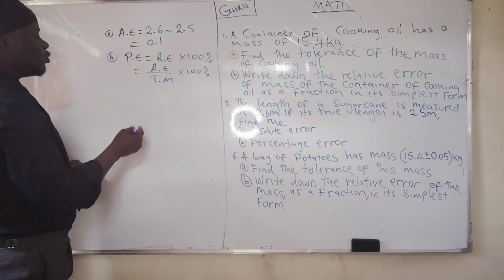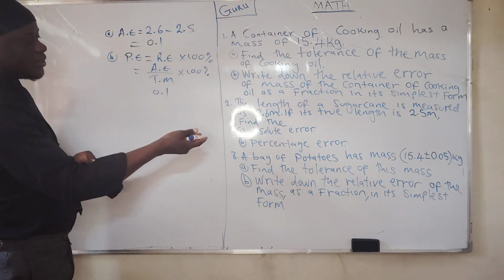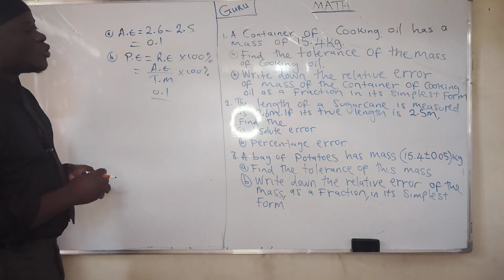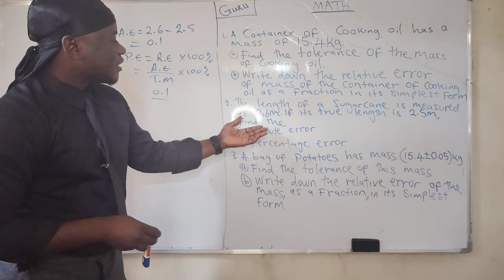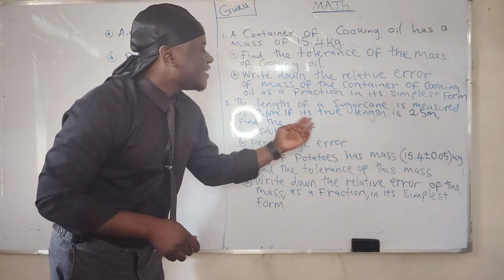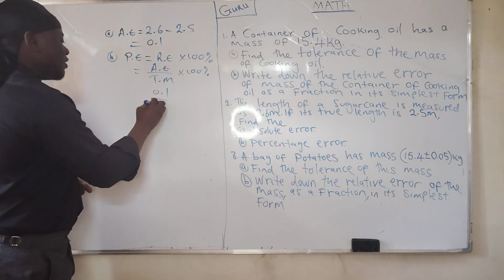Absolute error, you have it, 0.1. And what's the other part? True measure. Understand the English here. The question is saying 2.6. If its true length is 2.5, that is the true measure.